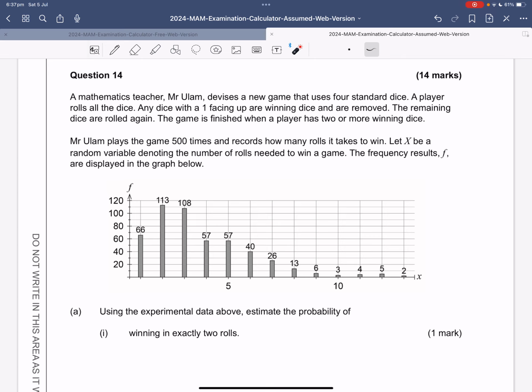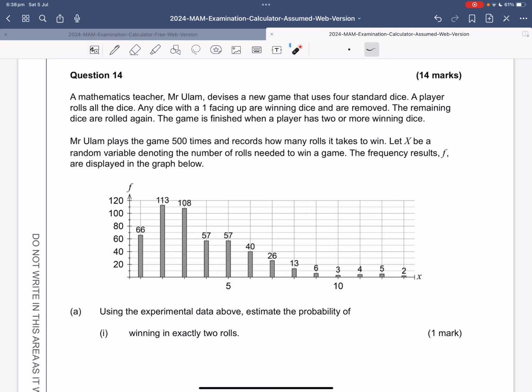Mr. Ulam plays the game 500 times and records how many rolls it takes to win. Sometimes he's really lucky, and after 1 roll, he's already got his 2 ones, and then he can just finish the game. But sometimes he just needs to keep rolling till he has a total of 2 dice that did eventually show the 1.